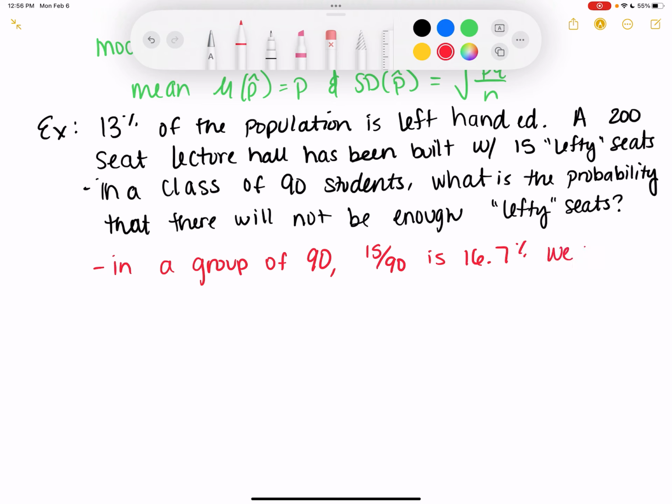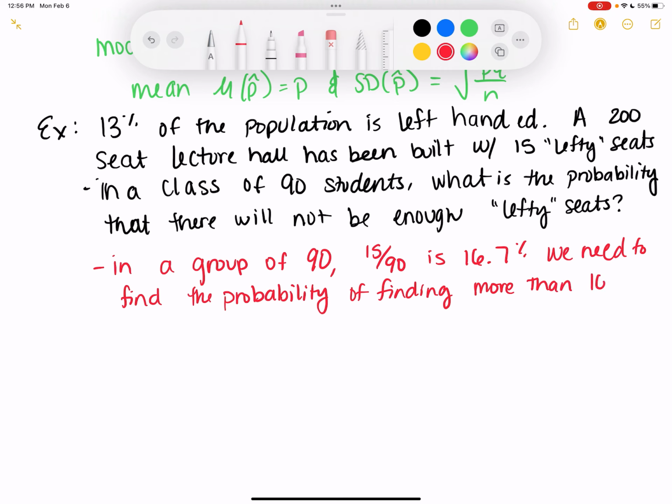So we need to find the probability of finding more than 16.7% lefties if the actual population proportion is 13%.